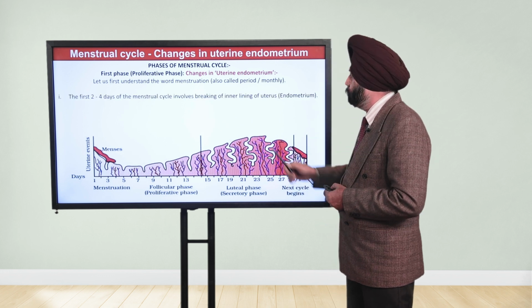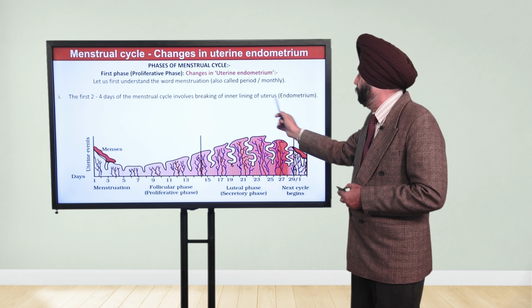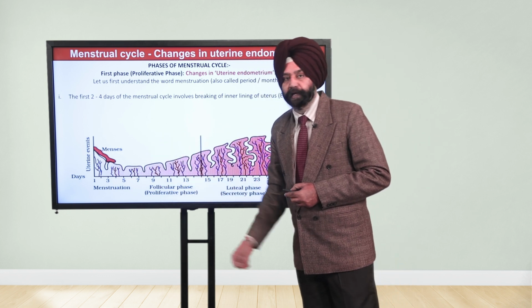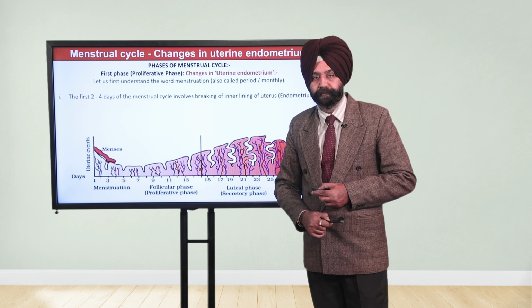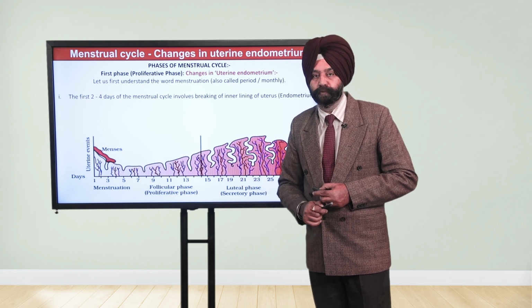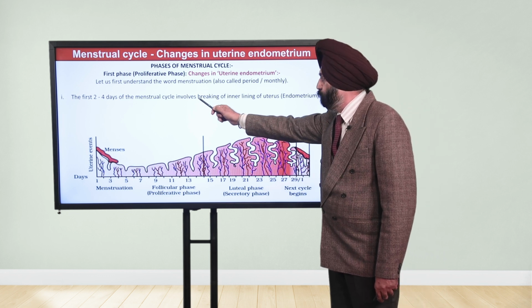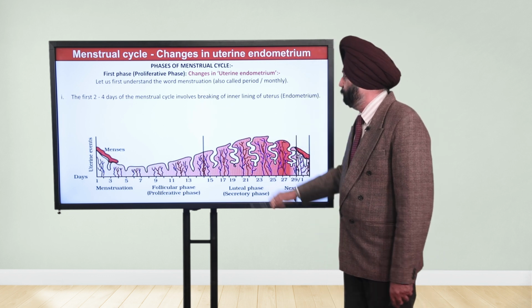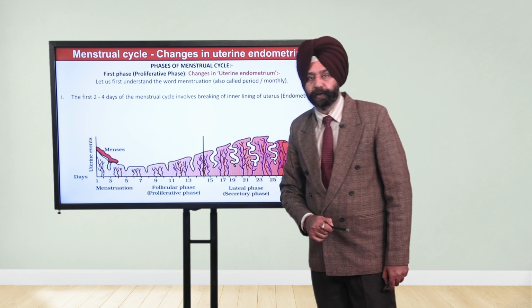In the first 2 to 4 days of the menstrual cycle, there is breaking of the inner lining. It results into oozing of blood, as the blood vessels are also broken. Let us see how this occurs. In the first 2 to 4 days of the menstrual cycle, there is breaking in the inner layer of the endometrium.